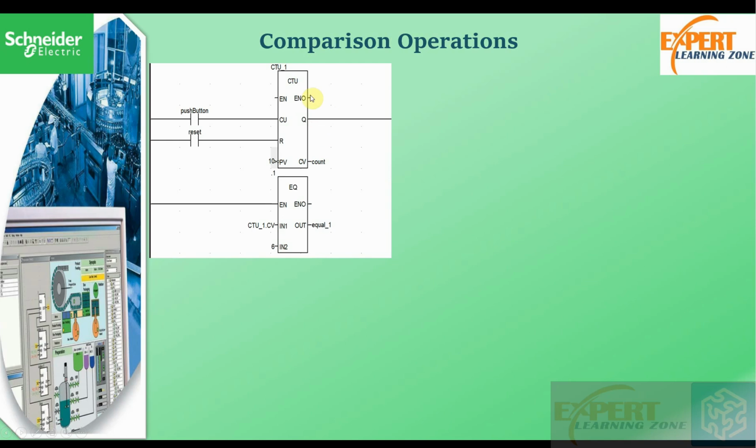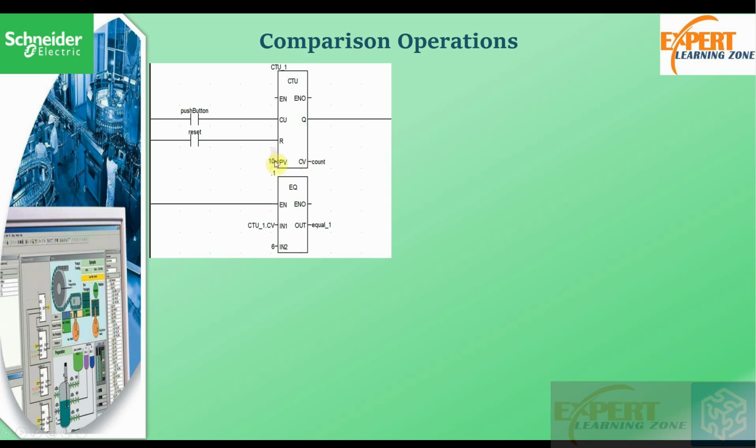So this is an up counter, and when we have a logic 1 at the count up parameter, then the internal counter value will increment by 1. Okay, and when we have a logic 1 at the R parameter, the internal counter value will reset to 0.